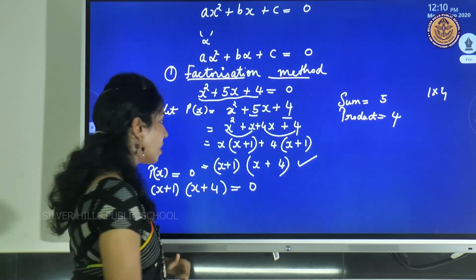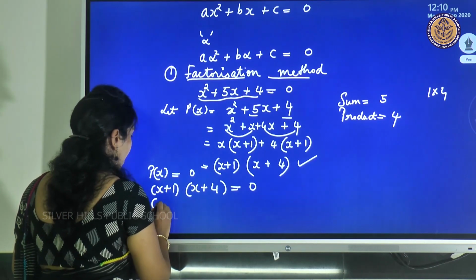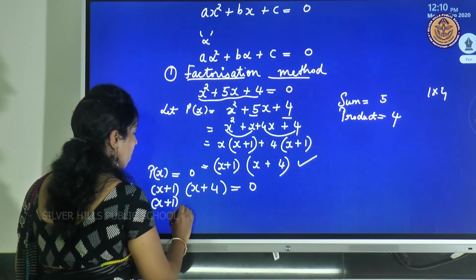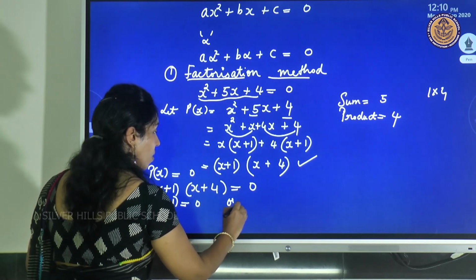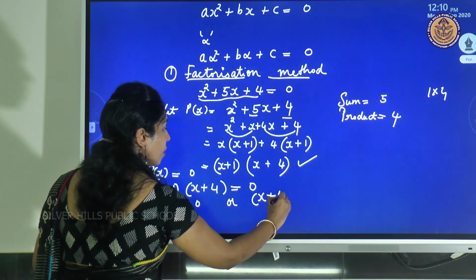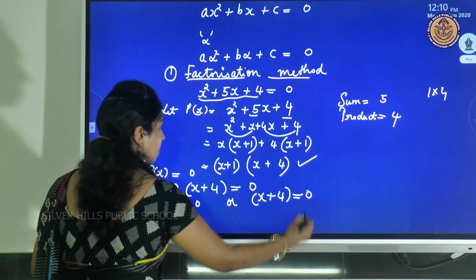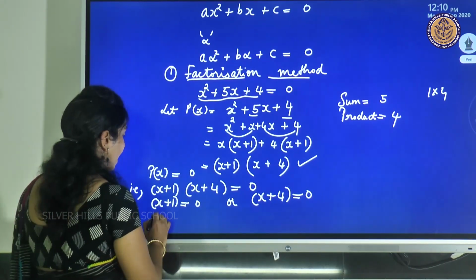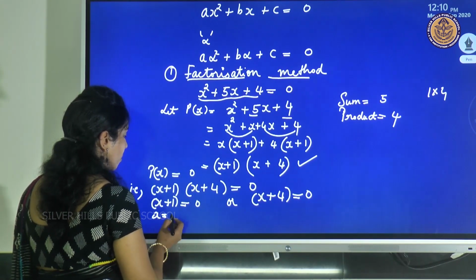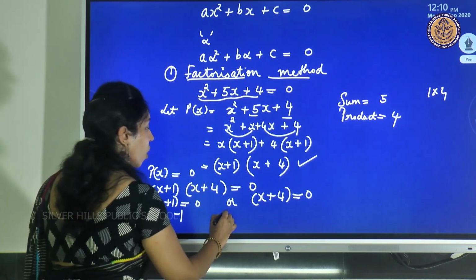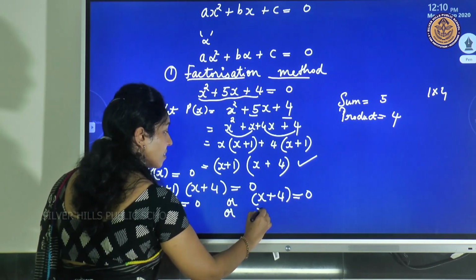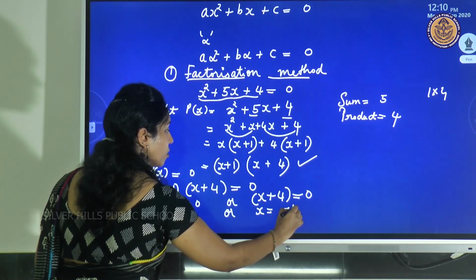Product of two things equals 0. So I can write x plus 1 equal to 0 or x plus 4 equal to 0. What does that mean? X is equal to minus 1 or x is equal to minus 4.